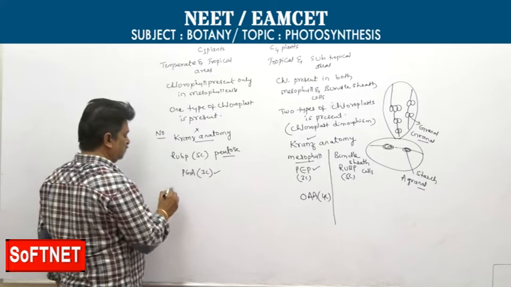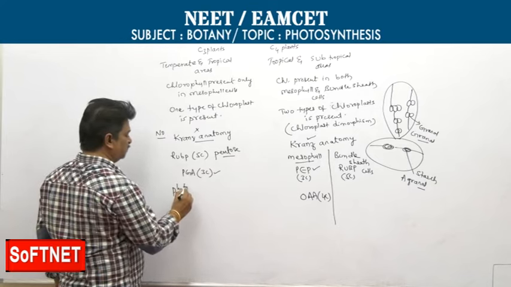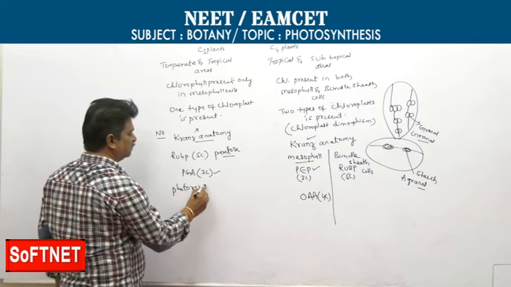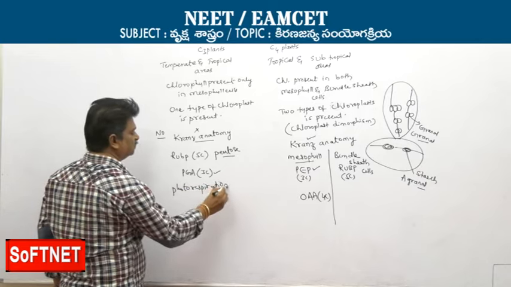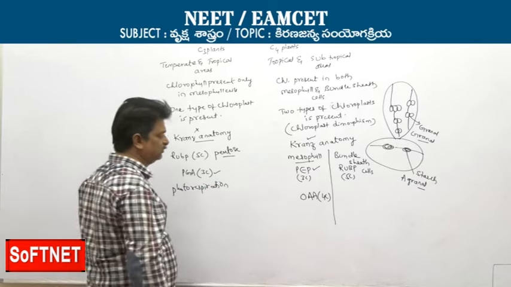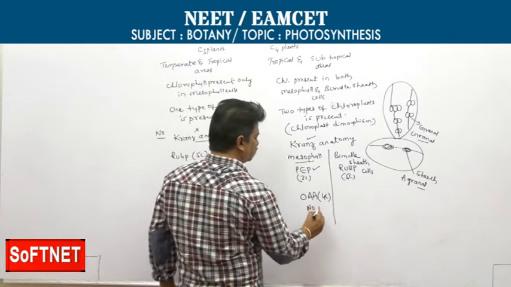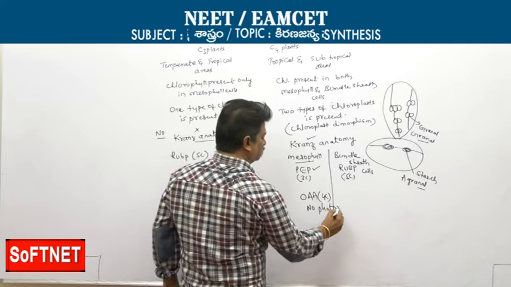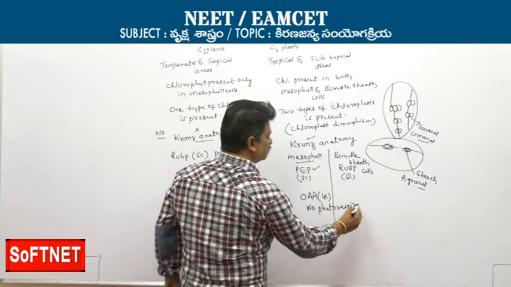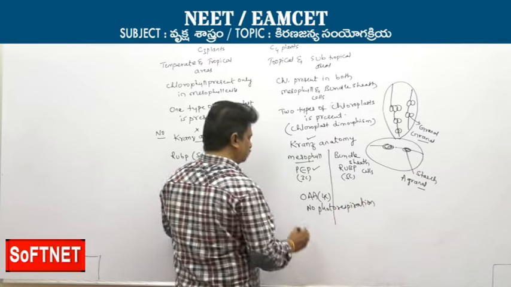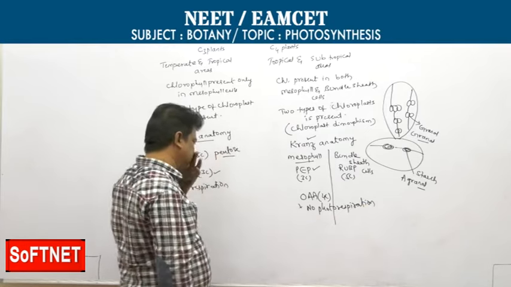Then C3 plants exhibit photorespiration. There is photorespiration in C3 plants. Almost absent or no photorespiration in C4 plants.